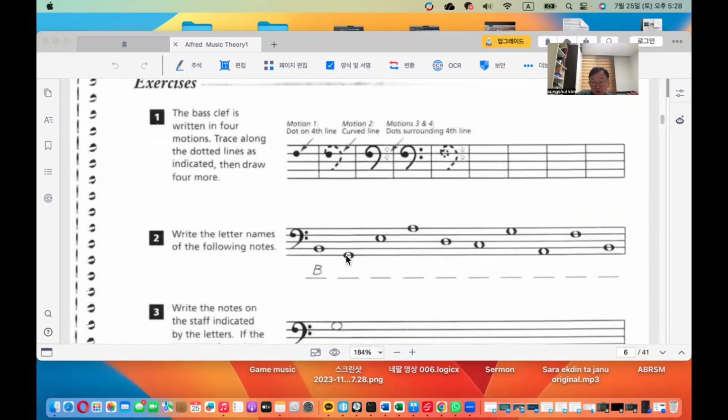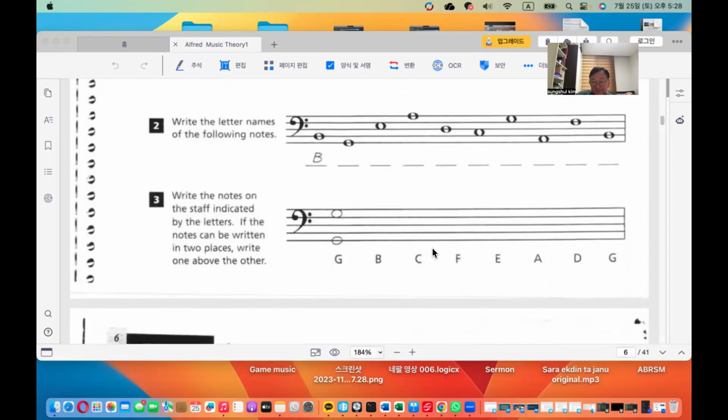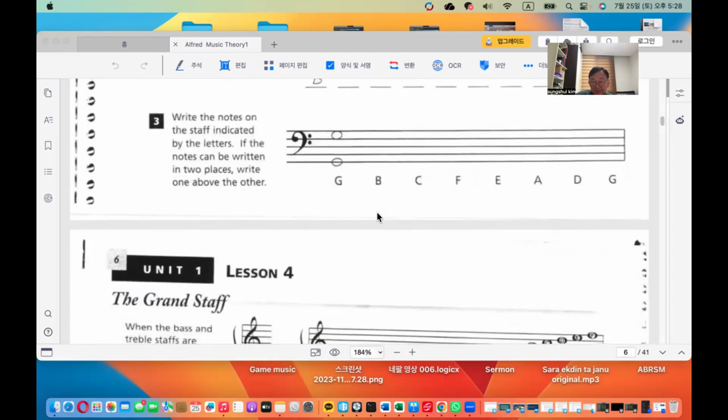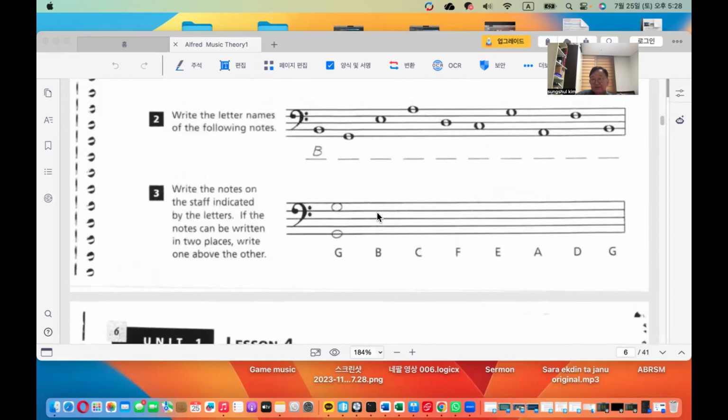Good Boys Do Fine Always. Space: All Cows Eat Grass. Okay. So you need to know how to locate each musical note name on the staff.